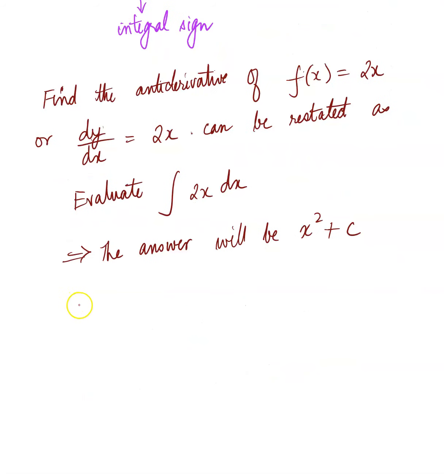Likewise, we could say integral of cosine x dx. That will be sine x plus c, because k is 1, so 1 over 1 sine 1x would be sine x.